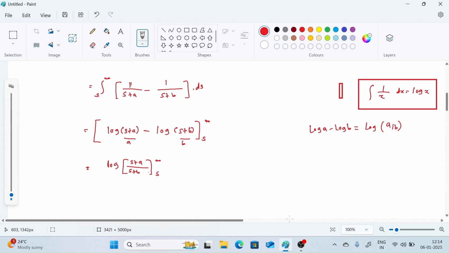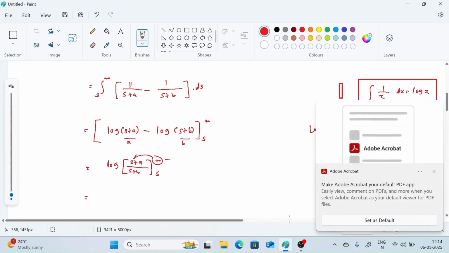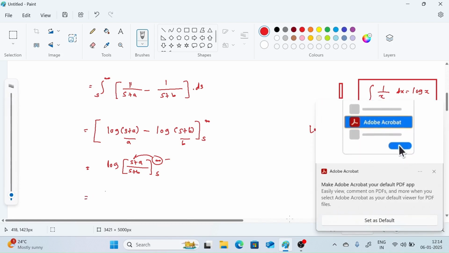So I'm going to put the value of infinity in place of s. This is the upper limit and s is the lower limit. The same way I'm going to put the lower limit s in place of s. So what can I get?